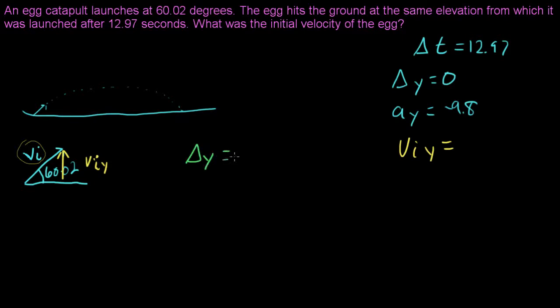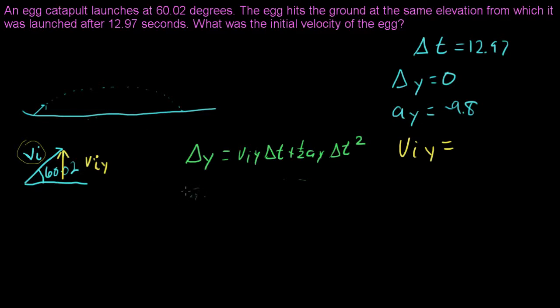Delta y equals VIY delta t plus 1/2 ay delta t squared. That's our 3 knowns and our 1 unknown. And we can solve for this. This isn't a big deal.